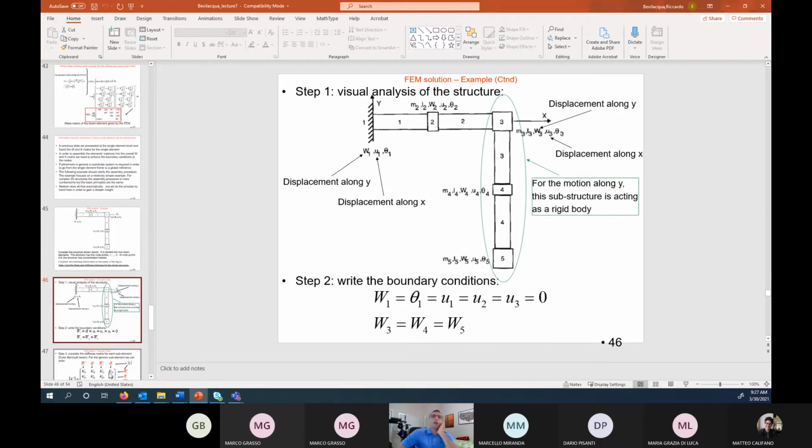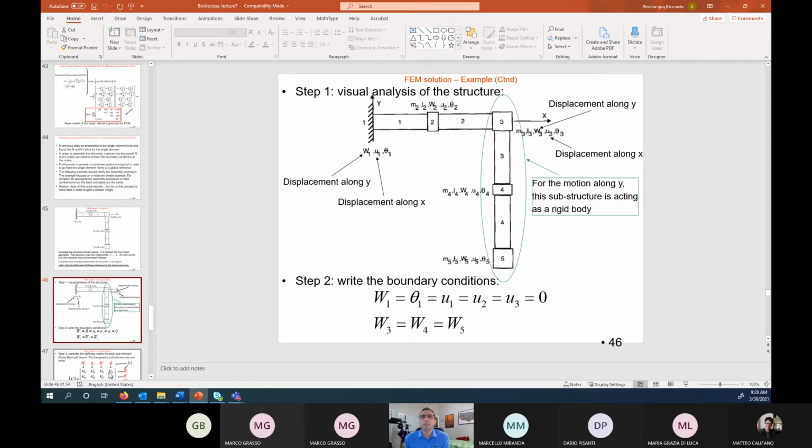All right, so the first step is to visually analyze the structure. The boundary conditions are the following. At location 1, that's connected to the ground rigidly, so everything is 0: W1, U1, theta 1 are 0.